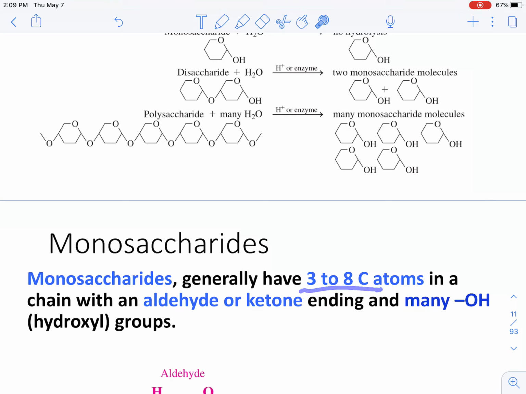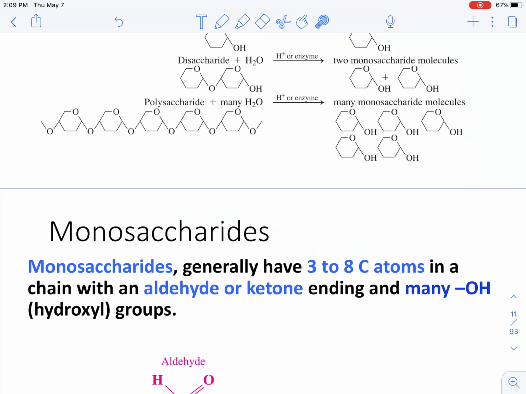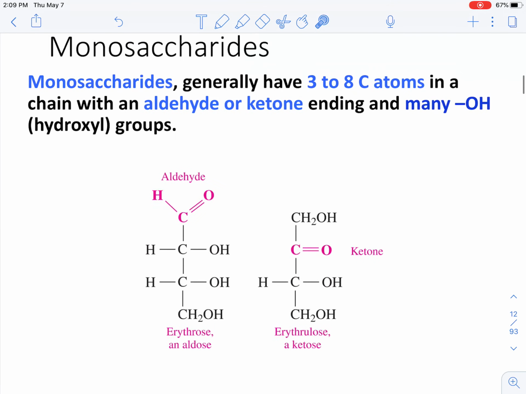Generally, monosaccharides have 3 to 8 carbons, so they're 3 to 8 carbons long. They can be observed as a chain, and they can be observed in a cyclical form. Now, the cyclical form is the most thermodynamically stable conformation of sugars in general, and we'll talk about that in a future lecture video. Like I mentioned earlier, aldehydes and ketones are the two flavors for these monosaccharides.